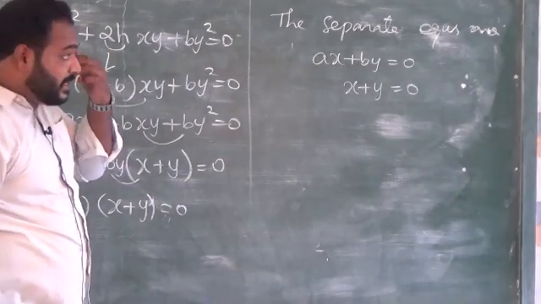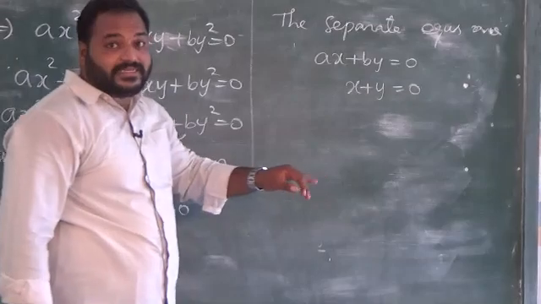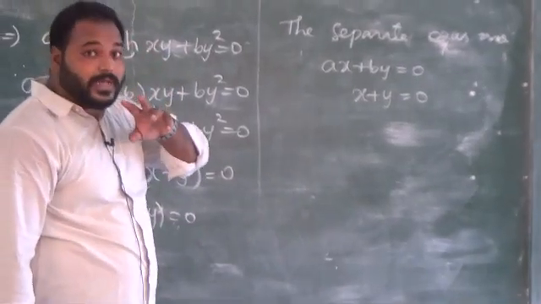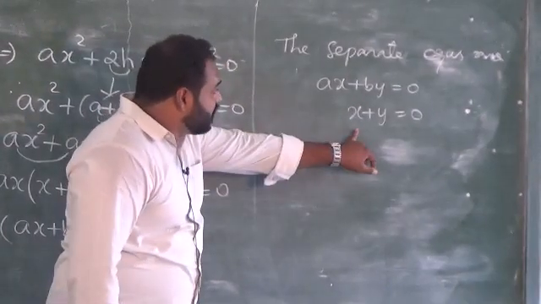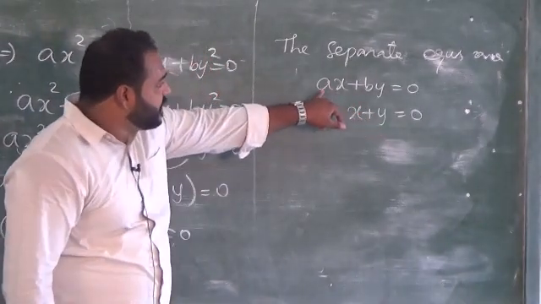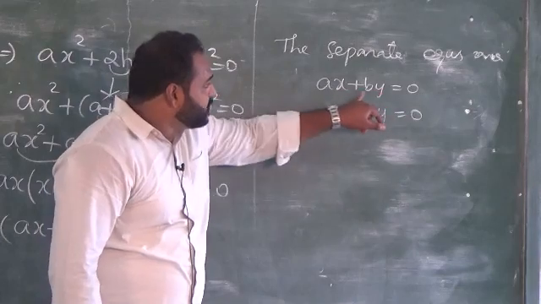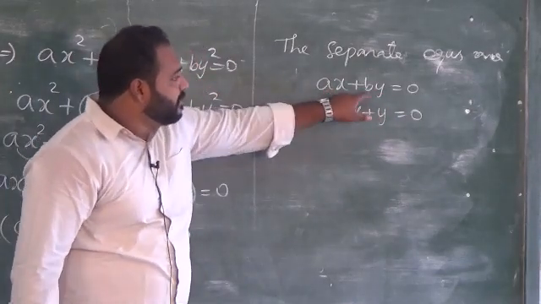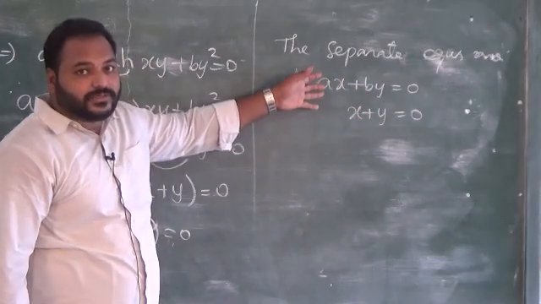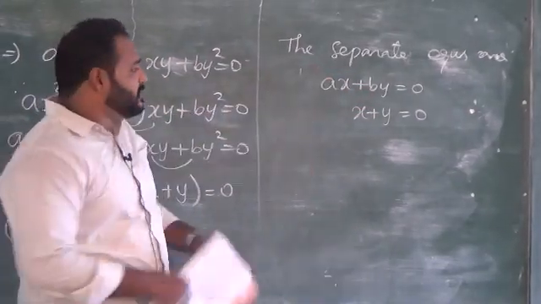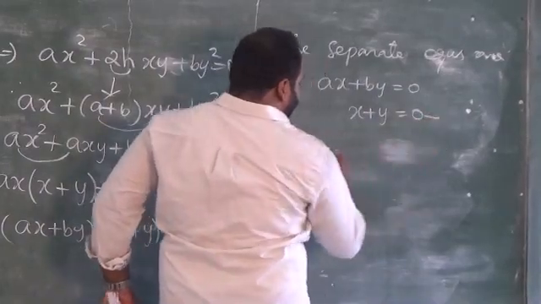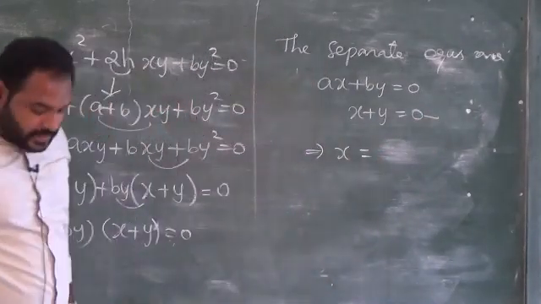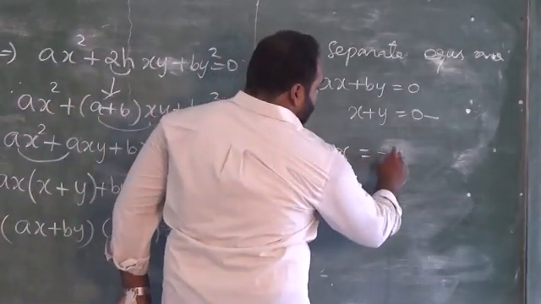We have to prove that any one of the equations bisects the coordinate axis. Look at that. In the first equation we have ax plus by, so definitely we have x intercept, y intercept, we have some values, so it will not pass through the origin. Only in this equation, x equal to minus y.